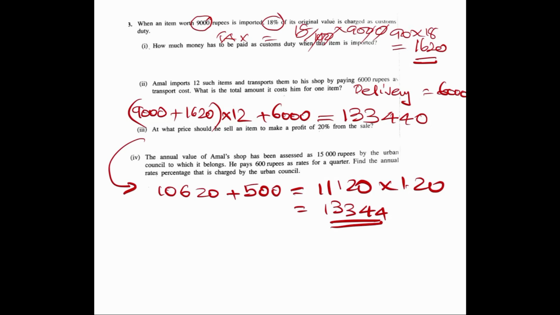The next part: the annual value of Amal's shop has been assessed at 15,000 rupees. That's the council tax. By the urban council to which it belongs, he pays 600 rupees as a rate for a quarter.